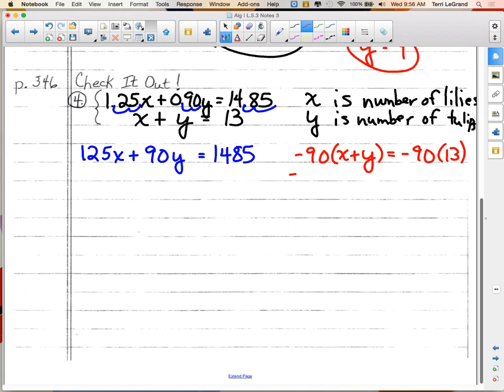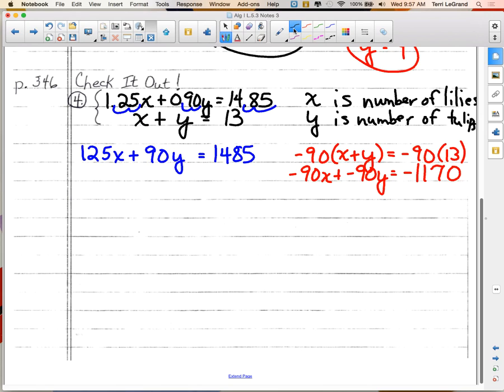So we have negative 90x plus negative 90y equals negative, well, 10 times 90 is 900. 3 times 90 is 270. 270 plus 900 is 1,170. Look at that, we did it without the calculator. Okay. So we have renamed the second equation.